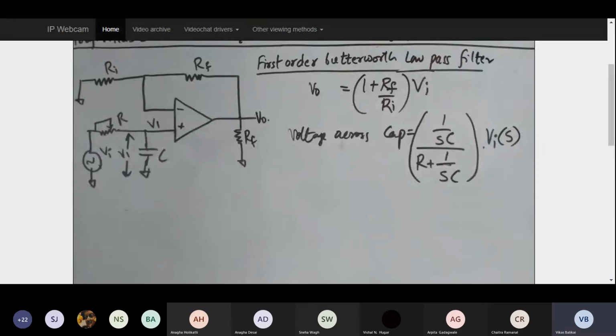Yes, S is usually used. I think you might have used this in Laplace transforms in your mathematics.